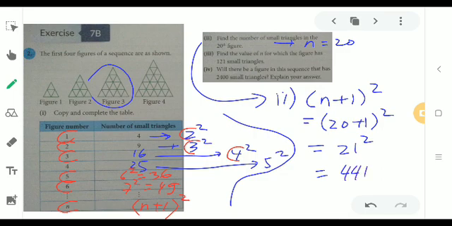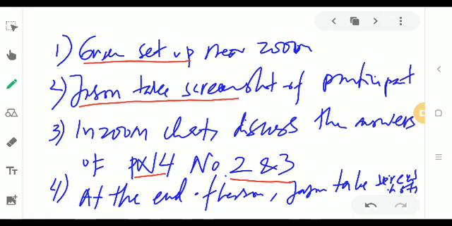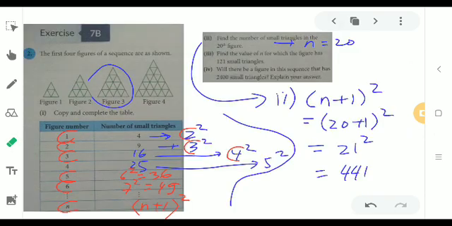Next, find the value of n for which the figure has 121 small triangles.